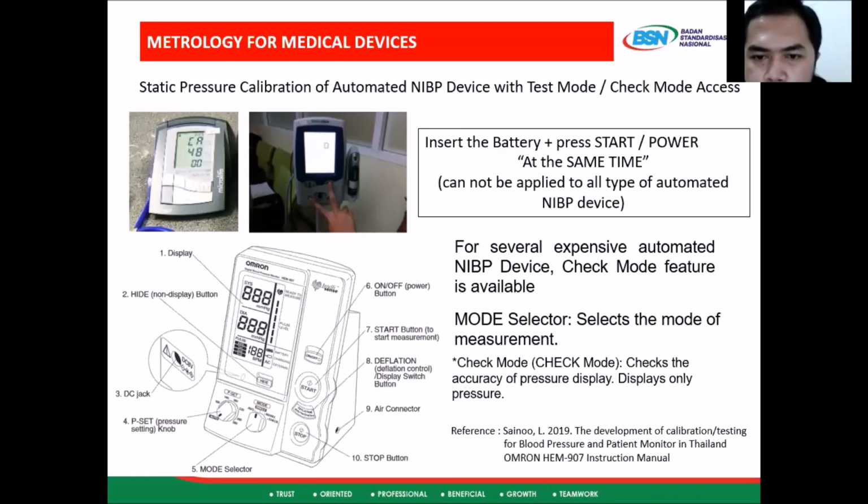However, for several expensive automated NIBP devices, this check mode or test mode feature is available, as I hope you can see in the figure in the slide. In number 5, there's the mode selector. There are average, manual, and check.